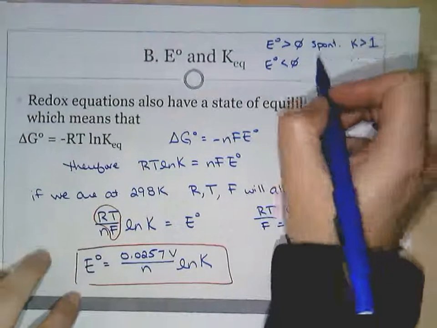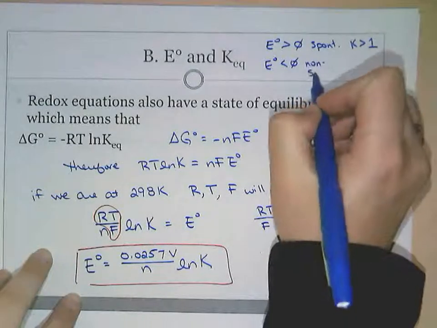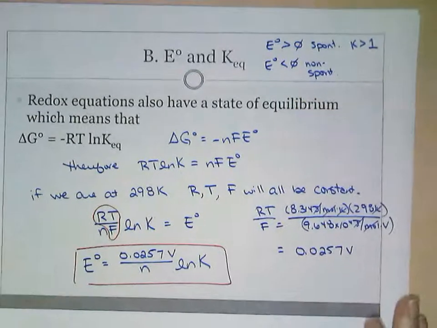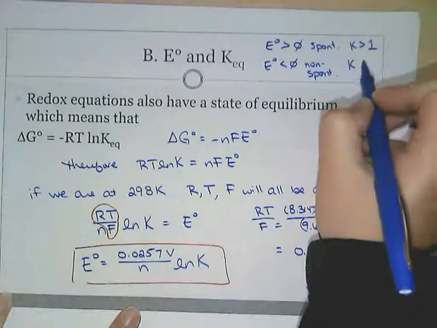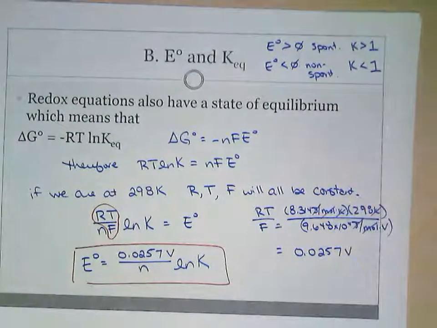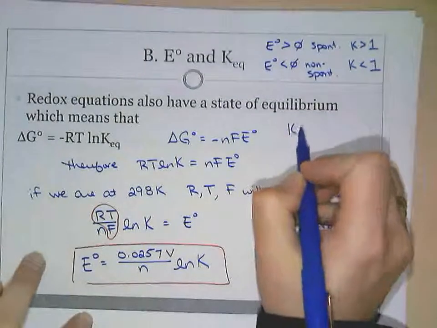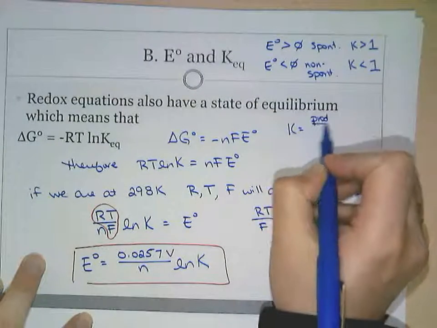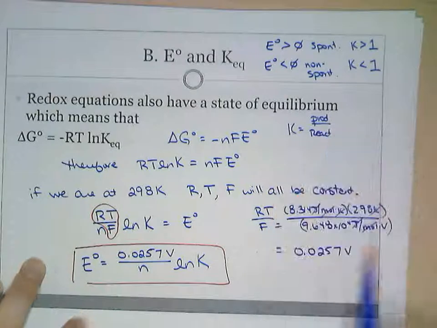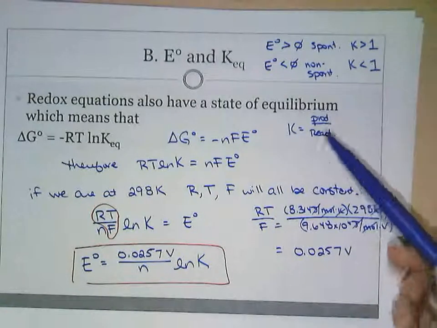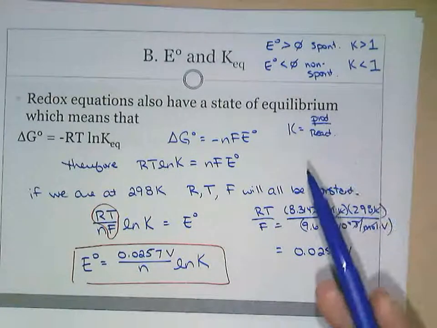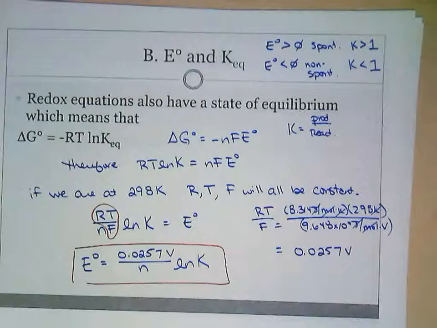So what must my value of K then be? Less than 1. If a K value is less than 1, do I have more products or more reactants? More reactants, right? It's the fraction, right? And the only way K can be less than 1 is if I have a greater denominator than a numerator. I'll pull it together.